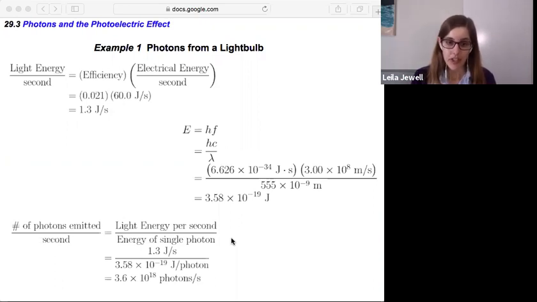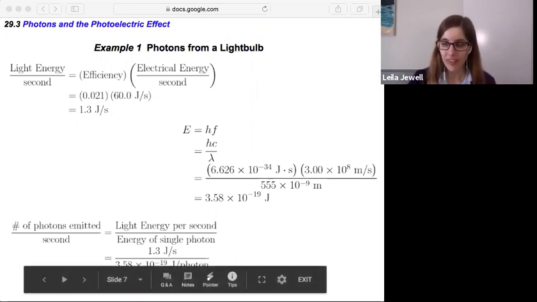And that gives us a huge number of photons per second, because each photon carries only a tiny amount of energy. So to get up to 1.3 joules, we need 3.6 times 10 to the 18 photons every second. Pretty wild. So photons are tiny. They don't carry a ton of energy, but there can be a ton of them at once acting together.